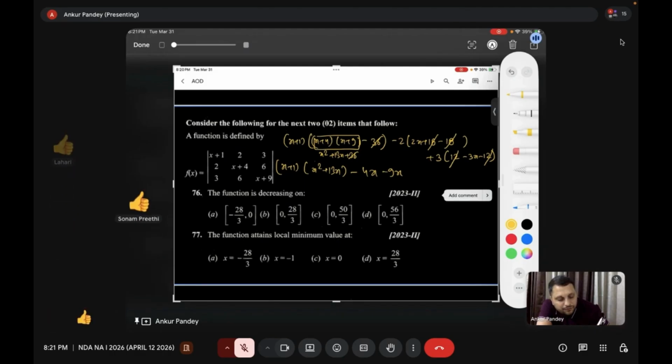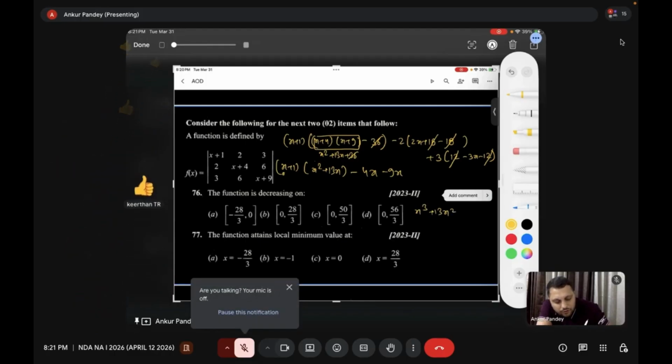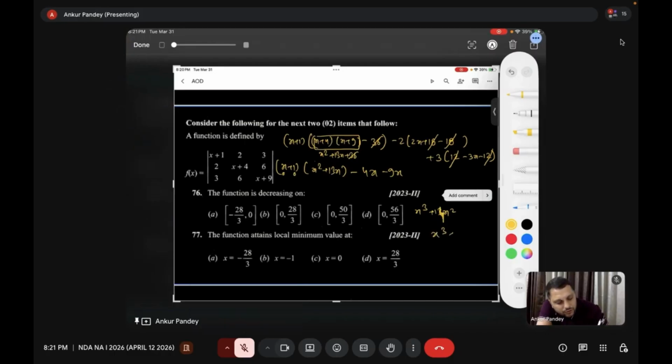So if I expand further, with x I have x cube plus 13x square. With 1 I have 1 more x square, so 14x square plus 13x got cancelled. So my actual expression is x cube plus 14x square. Yes or no? Right?